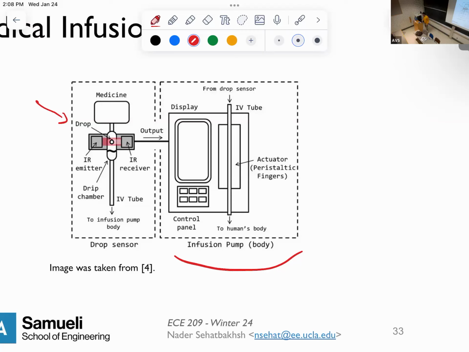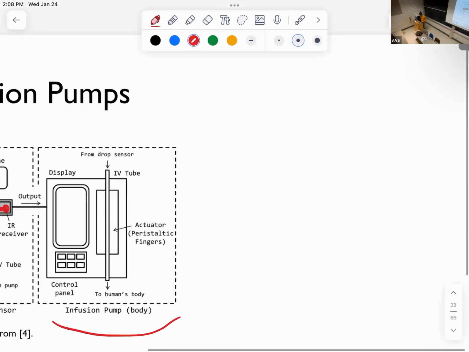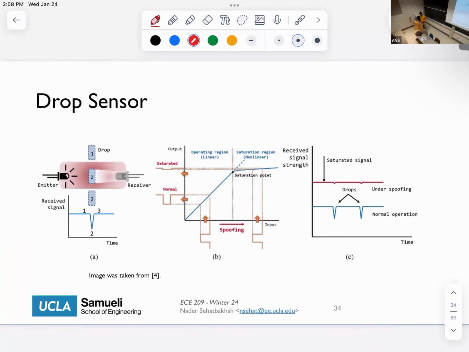So whether or not the IR emission is being sent from here to here is an indication of whether or not there is a drop, right? If there is nothing dropping, then of course these two always see each other's signal all the time. When there are drops, there will be a moment of disconnection between these two signals, right? This is a very basic method. So that is the basic mechanics of this.